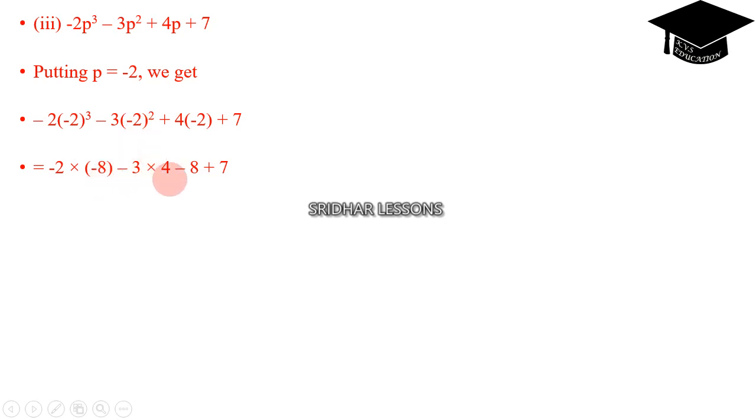Minus 2 square is equal to 4. So upon simplification, we have got this value. That is 16 minus 12 minus 8 plus 7. This is equal to 3. See this calculation carefully.